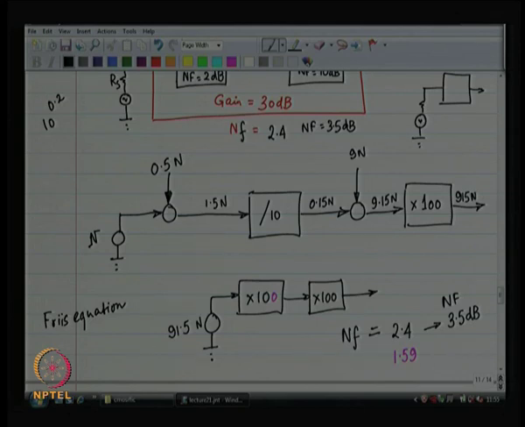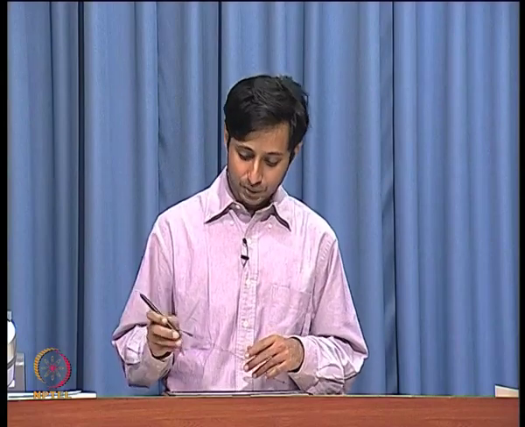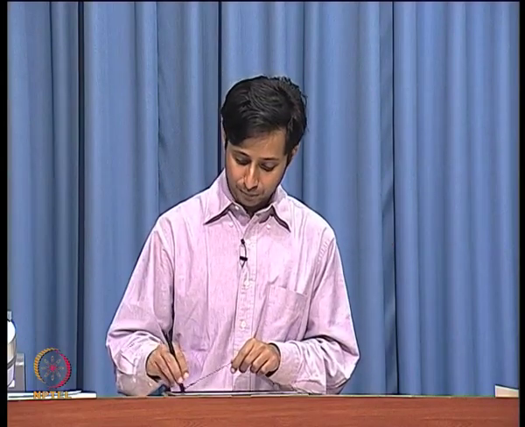So, your noise factor is now going to become equal to 91.5, which is terrible, right. So, this is what happened if I attenuated instead of amplified, right. This is really a very dramatic number. You have got 91 as opposed to 1.5 or 1.59. Right. So, your noise factor is now 91.5, which means the noise figure is almost equal to 20 dB.